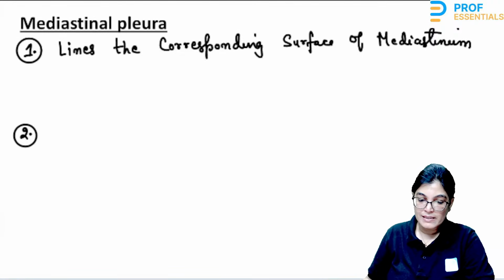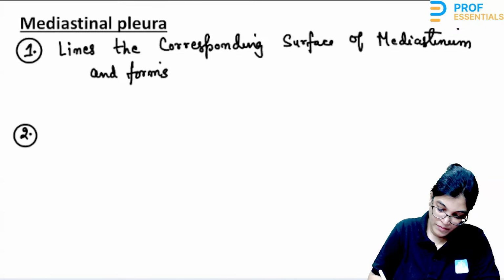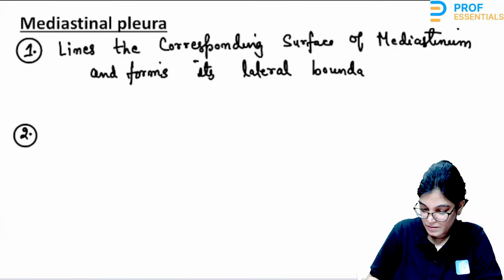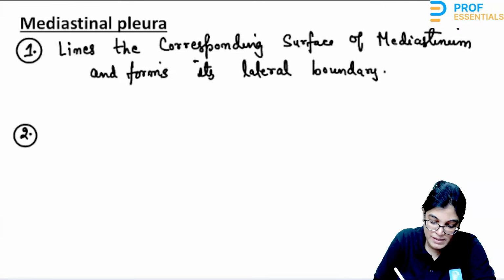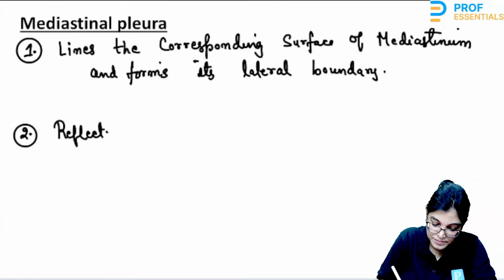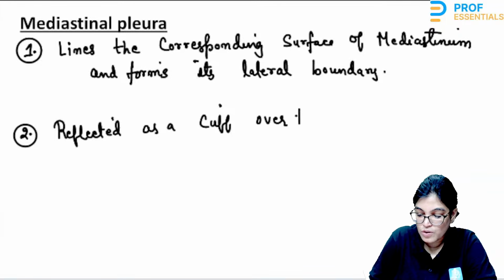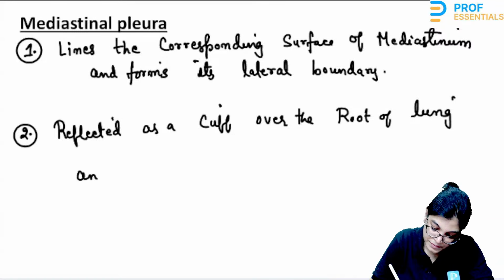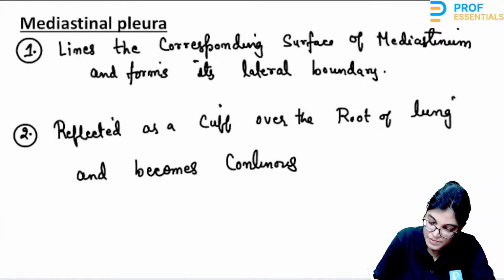Now, the mediastinal pleura is reflected as a cuff over the root of lung and becomes continuous with the visceral pleura.